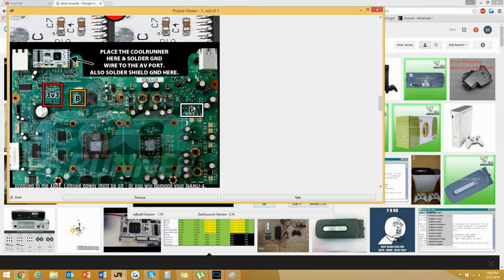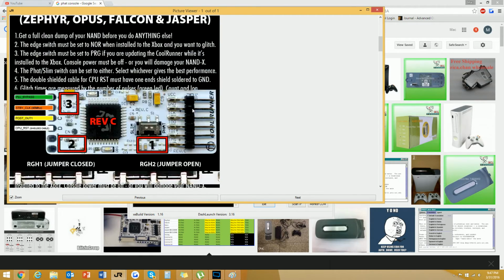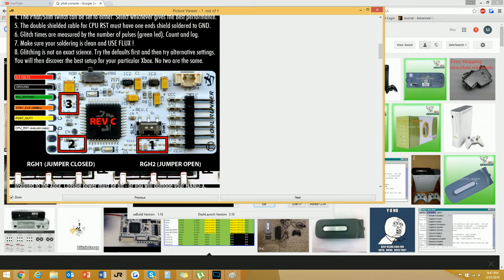As you guys can see, the D point is the glitch point, and then the C is usually, hold on, yeah, so this right here, the D, okay, yeah, I know, really funny, but let's just say the CPU reset. The CPU reset point is where the glitch chip will reset the motherboard.